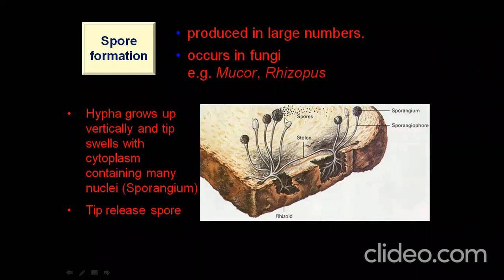When this sporangium bursts, all those spores are released into the environment. Whenever these spores get favorable conditions, they will grow and develop into another fungus, right? So spore formation is also one type of asexual reproduction, right?